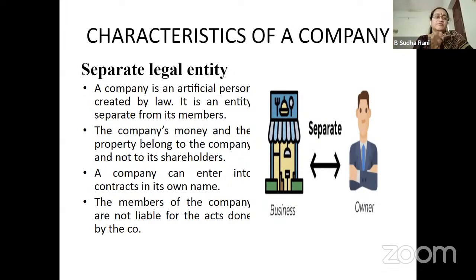A business which gets its legal identity with the registration, separating itself from the owner, we call a separate legal entity. That means the business can do its business in its own name. Any assets can be acquired for the business in the name of the business. Any transactions can be entered into for the business in the name of the business. That is what is called separate legal entity.